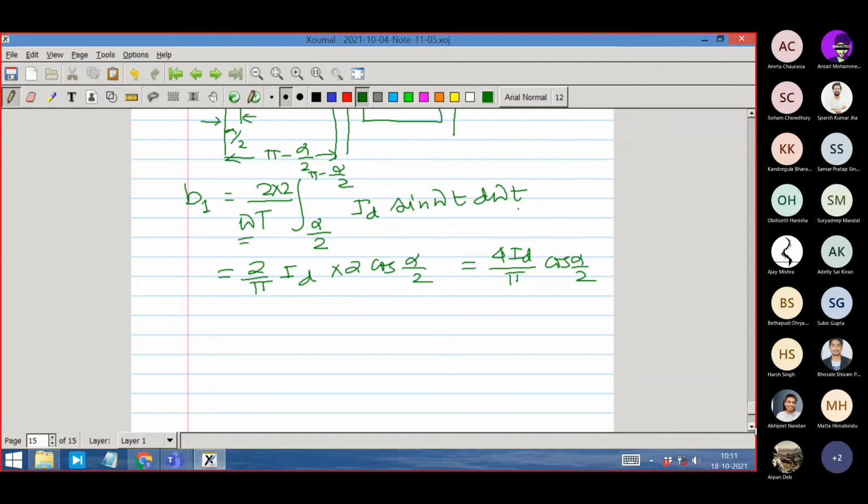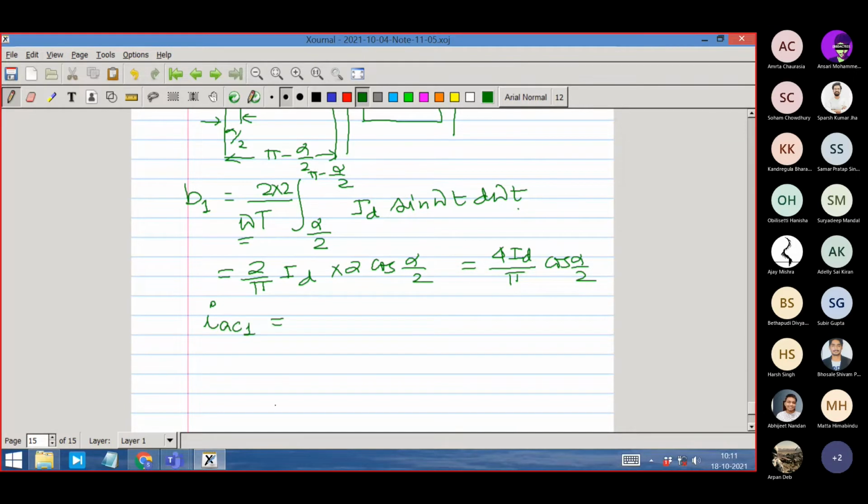However, this is with respect to the shifted reference, which is shifted with respect to the voltage 0 by an angle alpha by 2. So if I want to write with respect to the original one, how should I write the current expression? I would write the fundamental component IAC1.